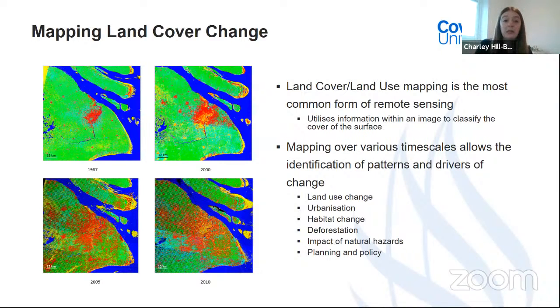In the opposite sense, we can look at things like deforestation in the Amazon, or something that's particularly interesting to me, understanding the impact of natural hazards. So are we seeing the land use changing after a natural hazard event? If we look at it from a social or human geography context, that's really important. The information on land cover and land use is key.